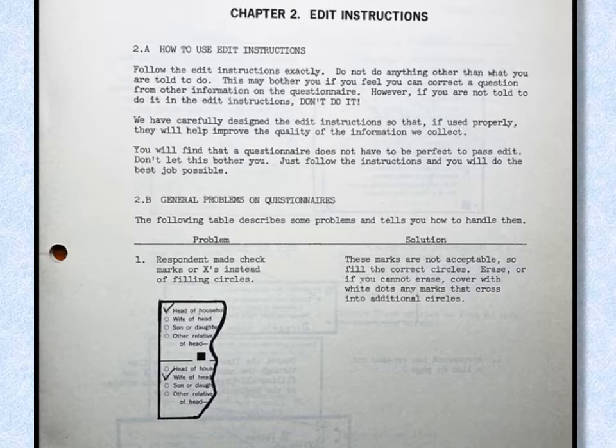So fill the correct circles, erase, or if you cannot erase, cover with white dots any marks that cross into additional circles, because you couldn't have any extraneous marks on the questionnaires that would throw off the system. So you have to do a lot of cleaning up of these census forms.